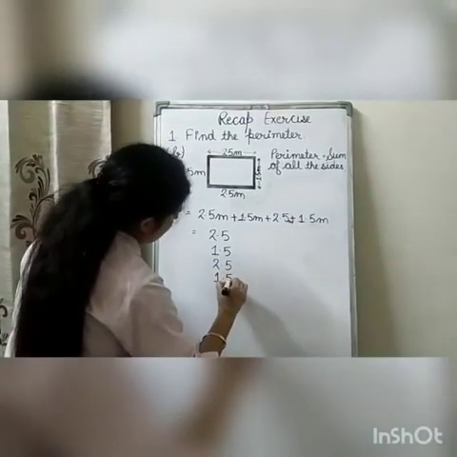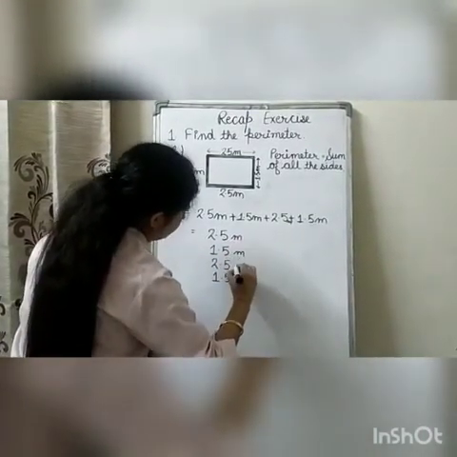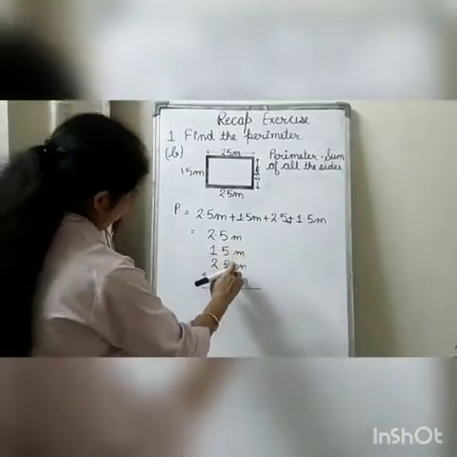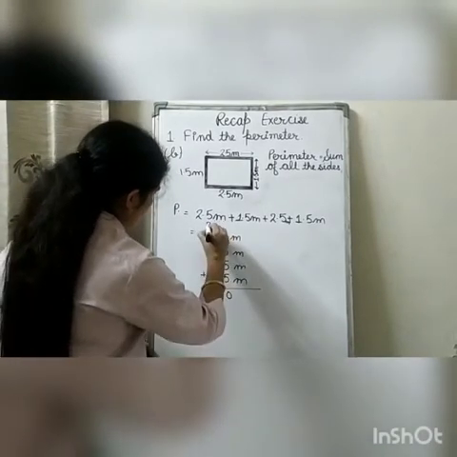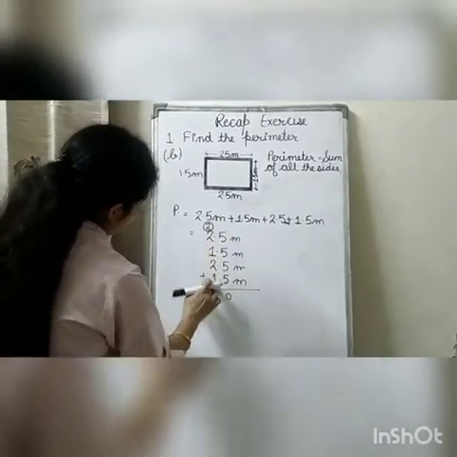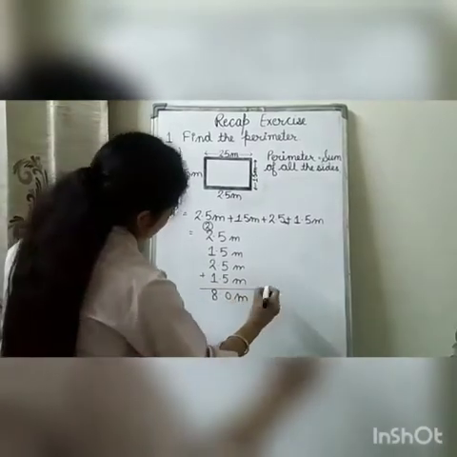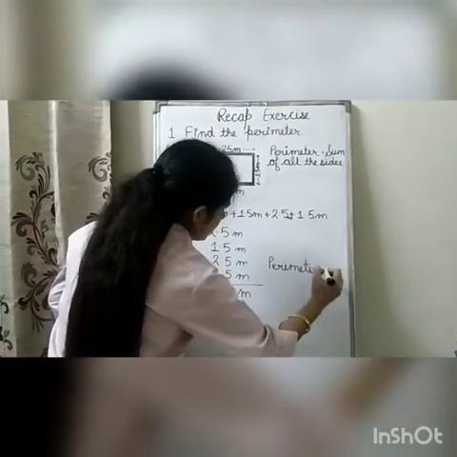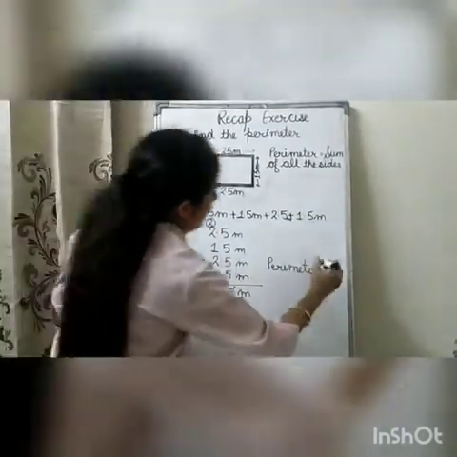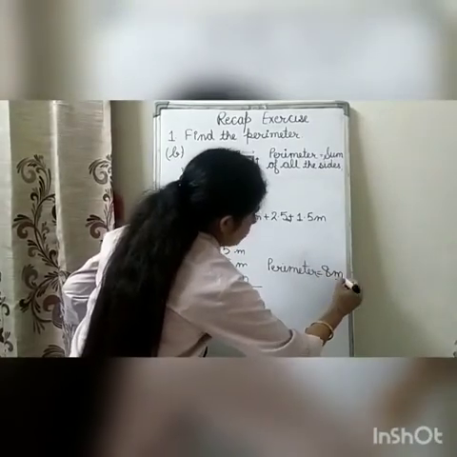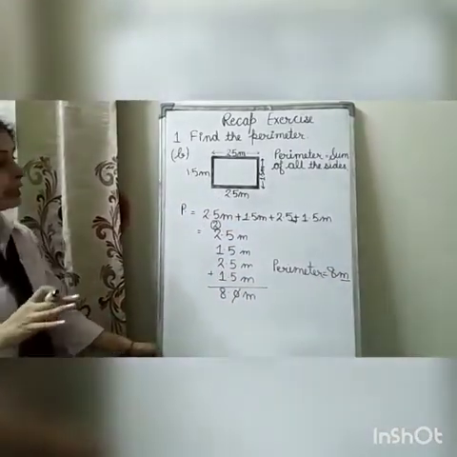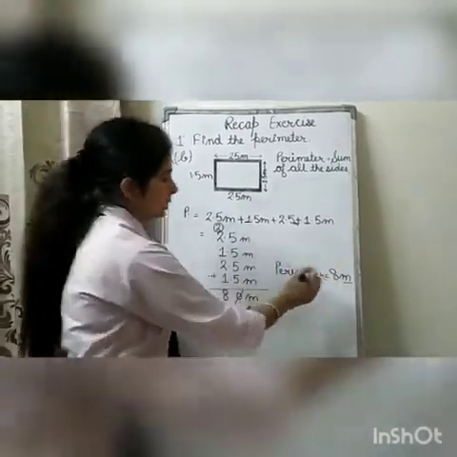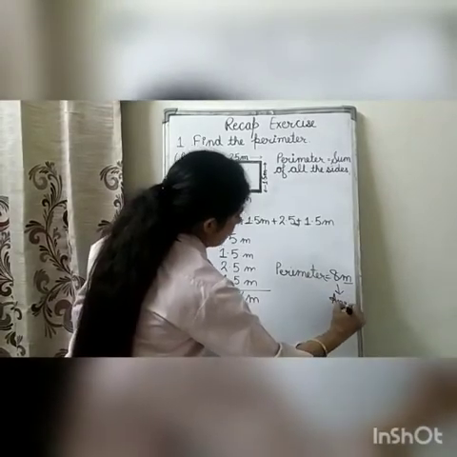We will simply add: 5, 10, 15, 20, carry 2, 2 to 4, 5 to 7 and 1, 8. So the perimeter will be 8 meter. But a unit is very important. Otherwise you will never get the full marks in the exam if you do not write the unit of the answer. So this is our final answer, 8 meter.